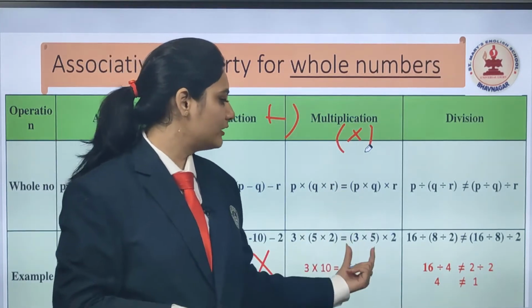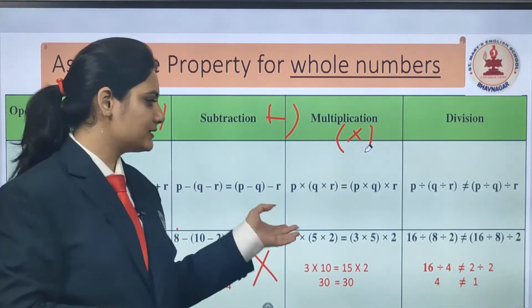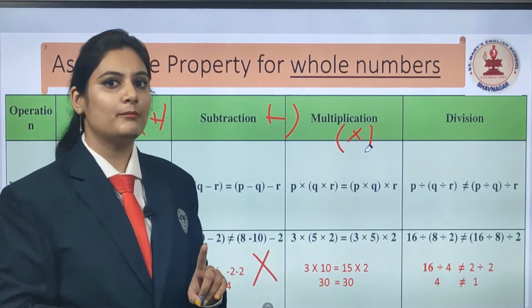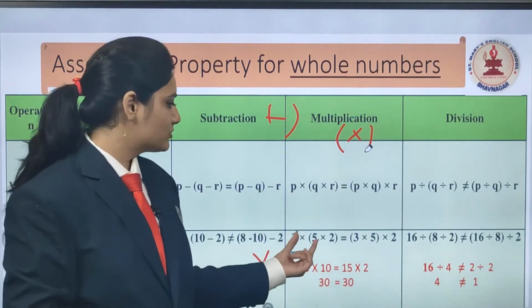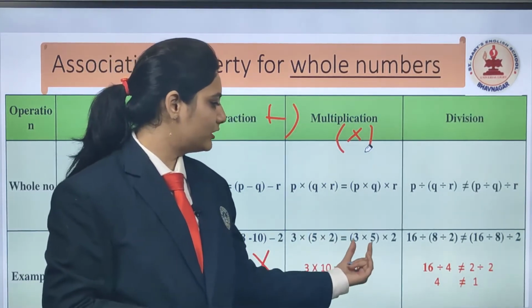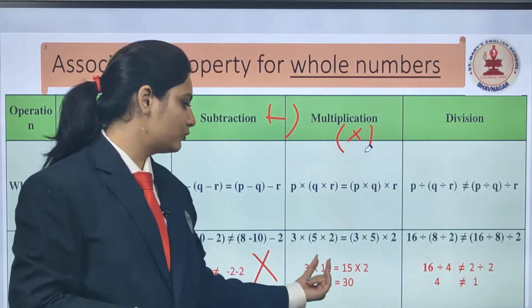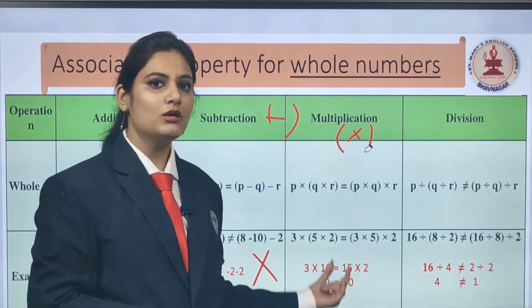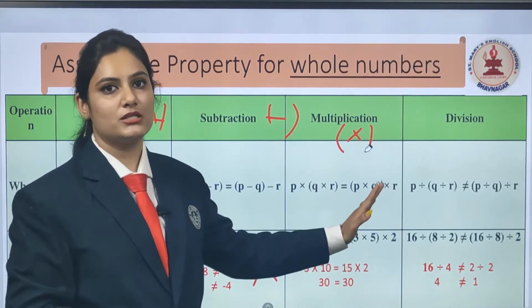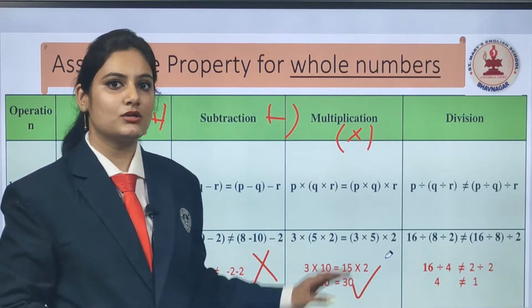Same way here we have kept 3 and 5 in the bracket and into R outside of the bracket. First step is to solve the brackets. So here 5 into 2, that is 10, 3 comes as it is. Then 3 into 5, that is 15, and 2 comes as it is. Then we will solve 3 into 10, 30, 15 into 10 is also 30. LHS is equal to RHS, so it is confirmed that multiplication is closed.